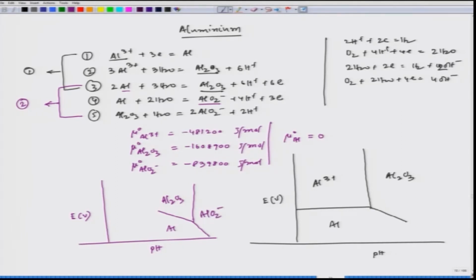You see that this one indicates this line, this one indicates this line, and this one is nothing but this.